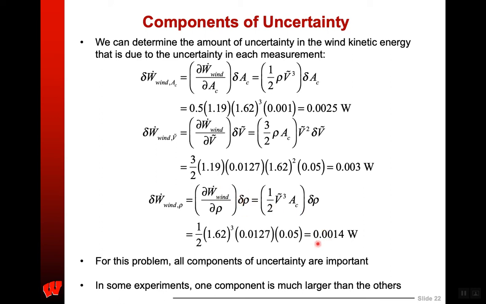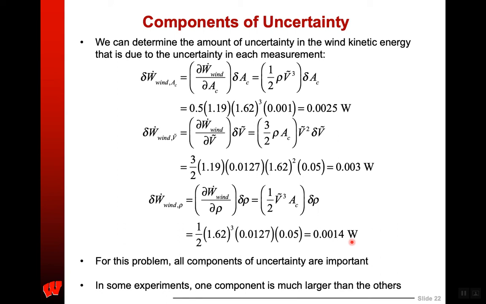This is my uncertainty in the total power due to the fact that I don't know the density exactly. For this problem, all components of uncertainty are important. This is on the order of 0.002 watts. This is on the order of 0.003 watts. And this is on the order of 0.001 watts.